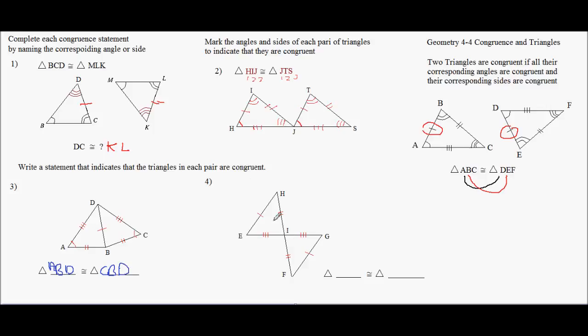Then this one, well, you can start with anything. I mean, you can start with the I. You don't have to start with E, because it doesn't matter. I can start with I, so the I corresponds to itself, right? But then you gotta choose. Well, I'm gonna choose the H here.